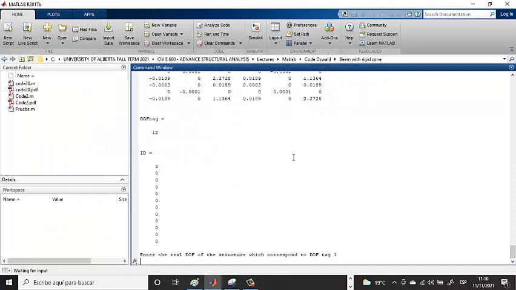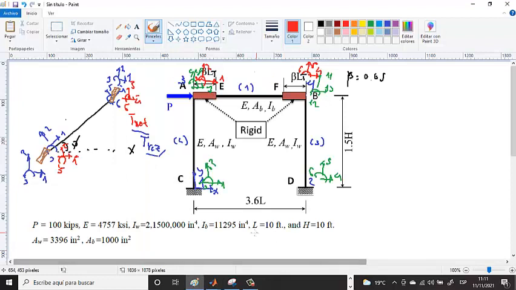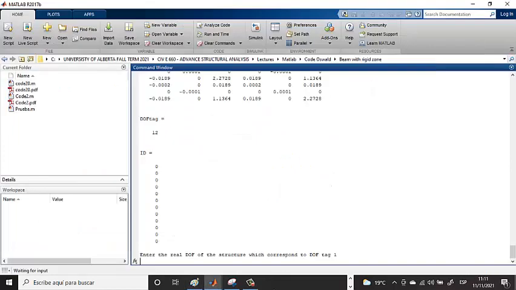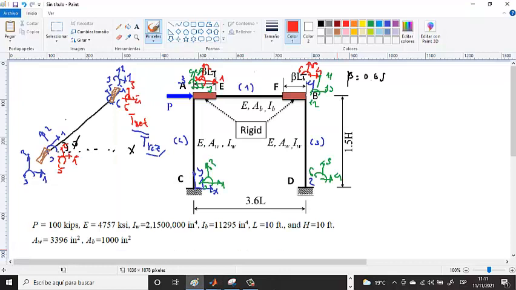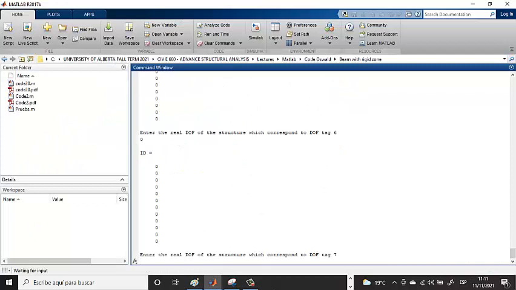So when the code asks us to enter the real degree of freedom of the structure corresponding to the degree of freedom tag, from 1 to 6 are 0 because they cannot move and rotate. So we enter 0 here. And the 7th degree of freedom tag corresponds to the first degree of freedom of the structure, right?